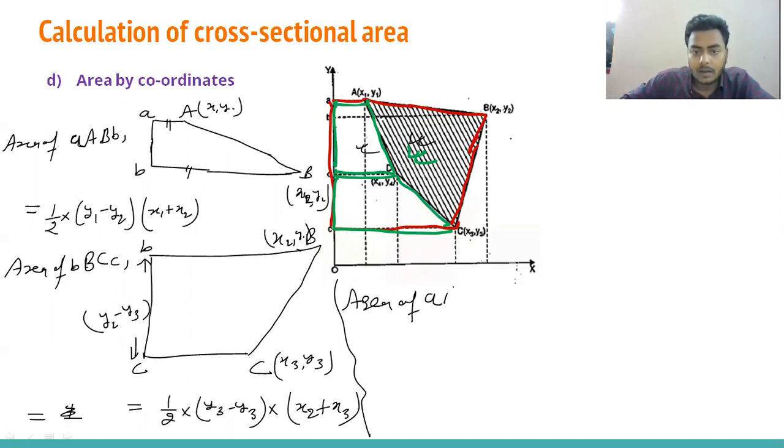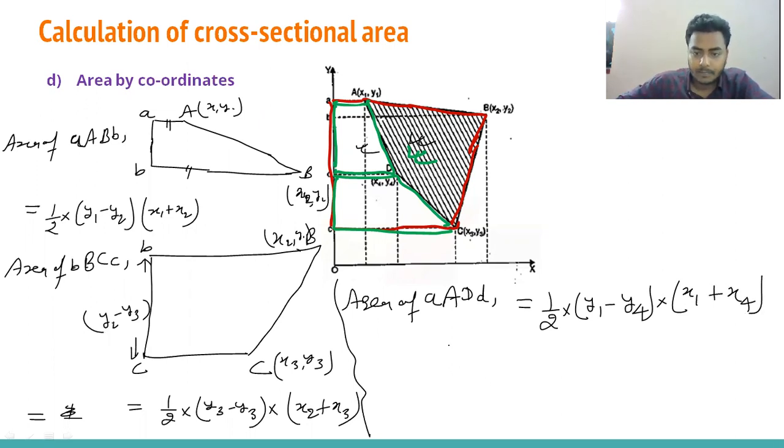Then here A, a, and D, d. The area we can calculate directly: half into height, that is y1 minus y4, into x1 plus x4.